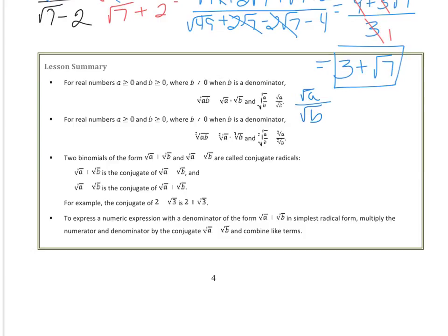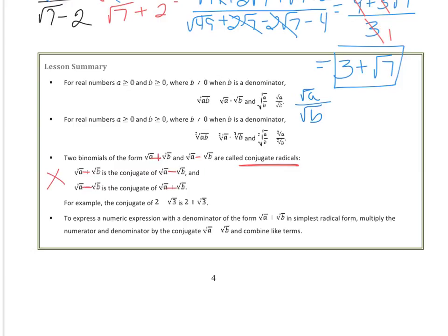Then it says on this third bullet here, two binomials in the form of radical A plus B, let's make that a plus, and radical A minus B are considered to be conjugates. They're opposite operations. So when you have radical A plus radical B, the conjugate would be radical A minus B. And when you have radical A minus B, the conjugate is radical A plus B. So it's basically showing you the conjugate.